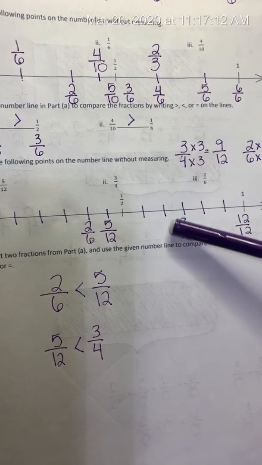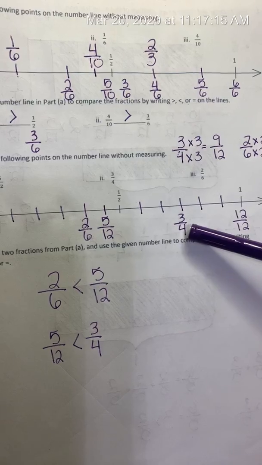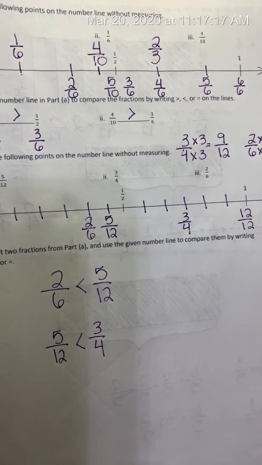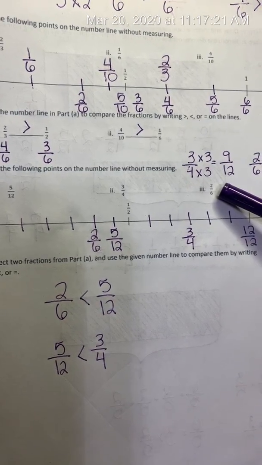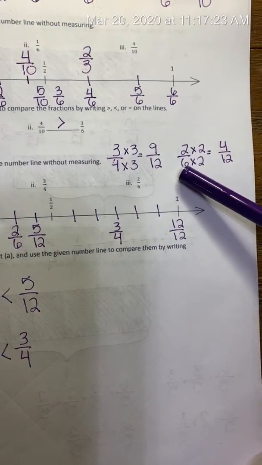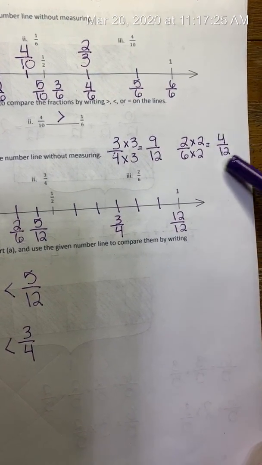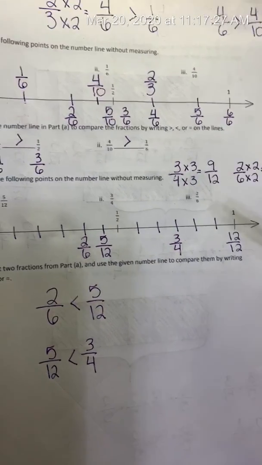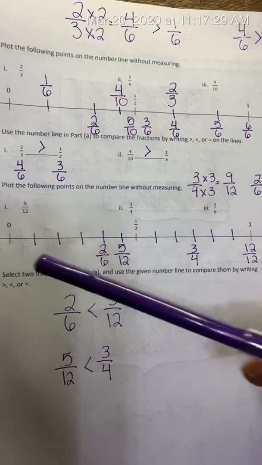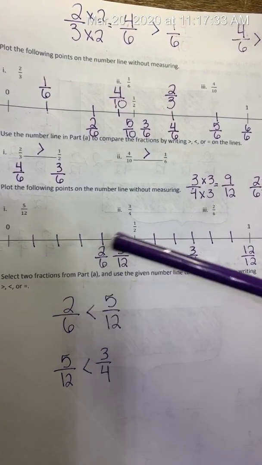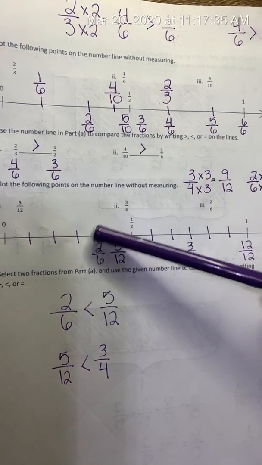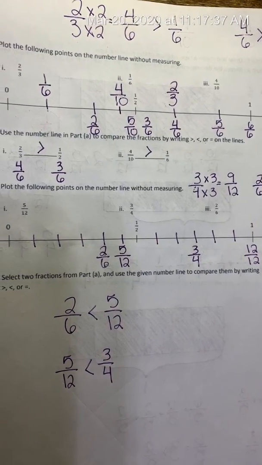So we know that 3/4 is going to be right where 9/12 is on the number line. And then if we look at 2/6, we know that fraction is equivalent to 4/12 with that denominator of 12. So that's where we are going to put it on the number line. So 0/12, 1/12, 2/12, 3/12, 4/12. So that's where 2/6 would lie on the number line.